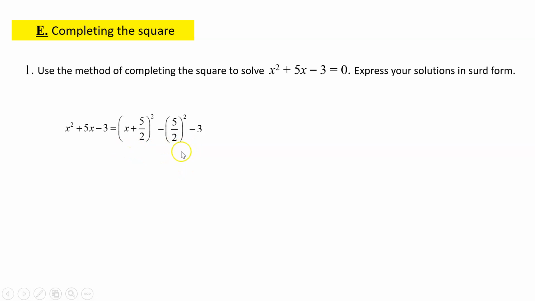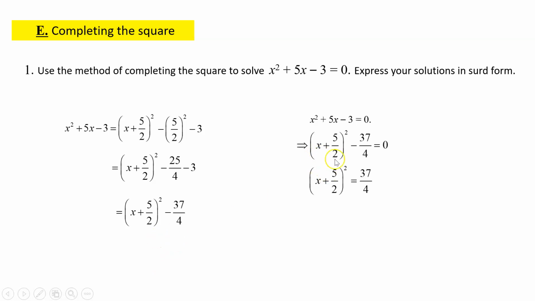So if I tidy up, I've got minus 25 over 4 minus 3, that becomes minus 12 over 4, so I've got minus 37 over 4. Now I want the quadratic equal to 0, so instead of the quadratic, I've got this completed square expression.